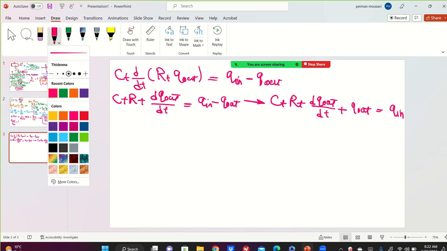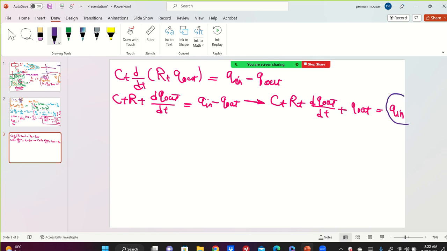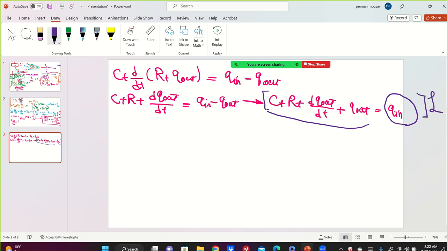We're going to see, as I told you, the right hand side of the differential equation is the force or excitation to the system. Left hand side is the dynamics of the system. You want to see the effect of the Q in over the Q out. Bingo, Laplace. So you're going to have CT RT S Q out plus Q out equals Q in, and you have S here, guys, because of the first time derivative.